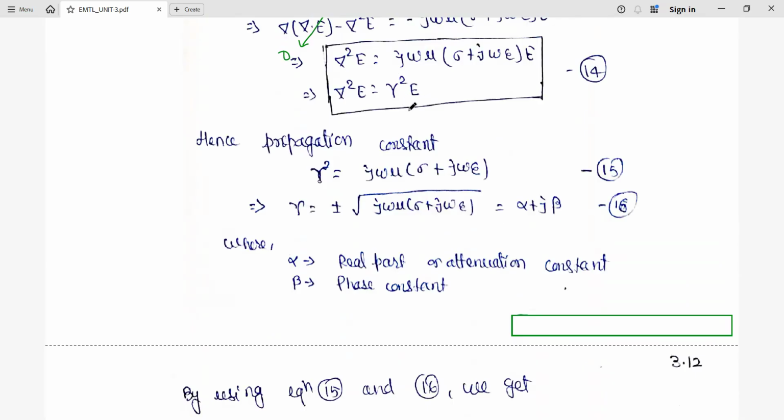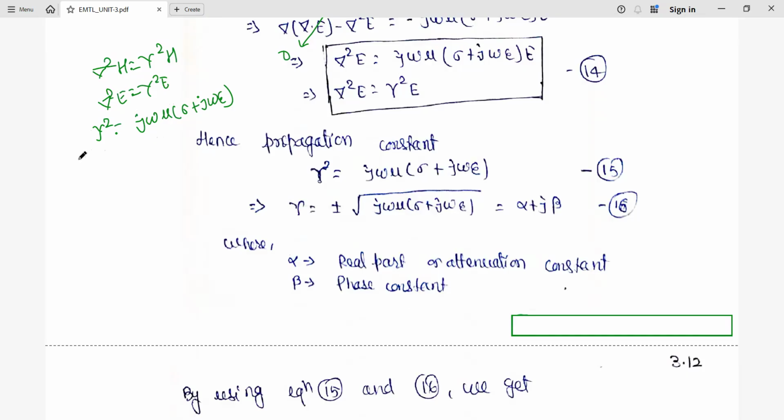So similar situation in both cases. We have del square H equal to gamma square H, and del square E equal to gamma square E. So gamma is what? This gamma square is j omega mu into sigma plus j omega epsilon.